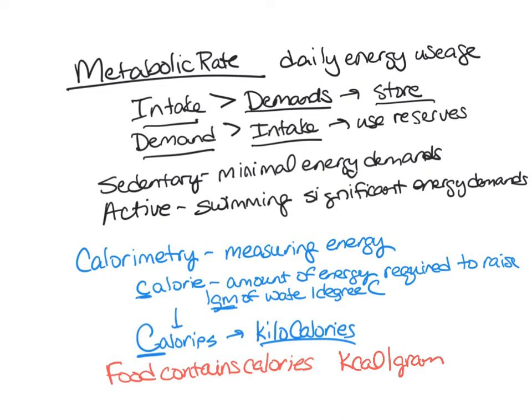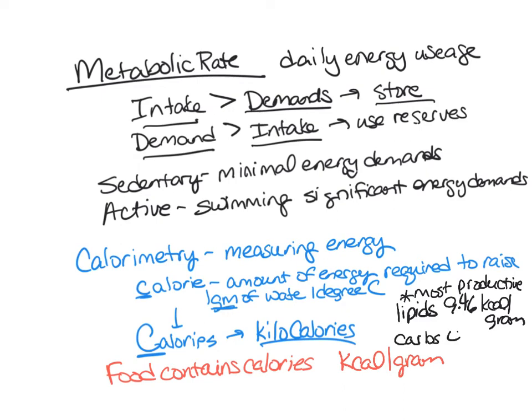By doing this, we find out that lipids, like we would expect, have 9.46 kilocalories per gram, so they are definitely the most productive. If we compare lipids to carbohydrates, carbs only yield 4.18 kilocalories per gram, and proteins only yield 4.32 kilocalories per gram.